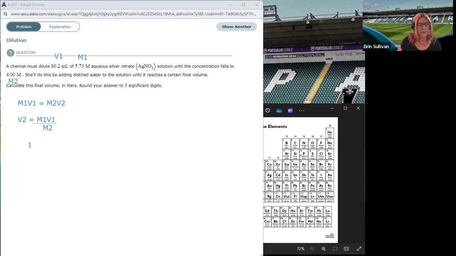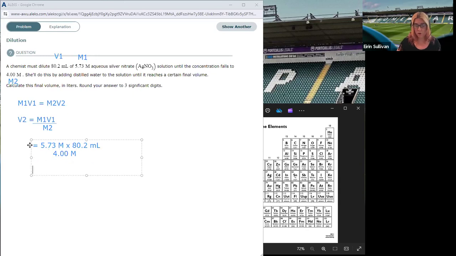So let's put in some numbers. M1 is 5.73 molarity, V1 was 80.2 milliliters, and our final concentration was 4.00 molarity. The stock solution was more concentrated, 5.73 molarity, so it's going to have a smaller volume, 80.2.